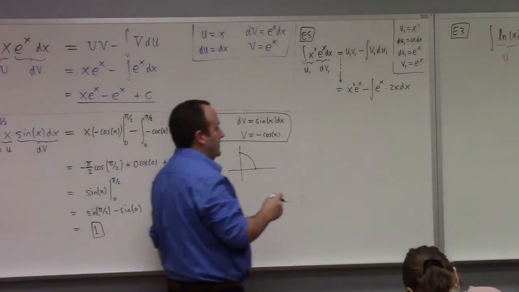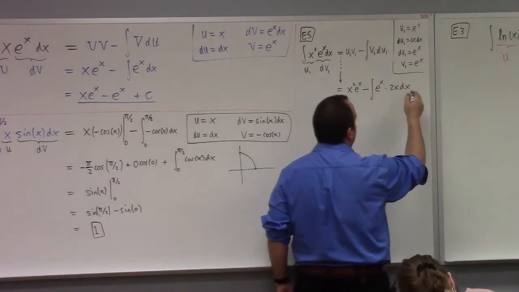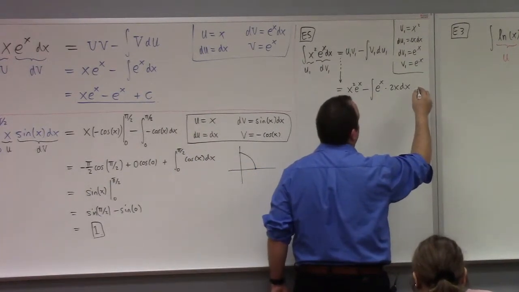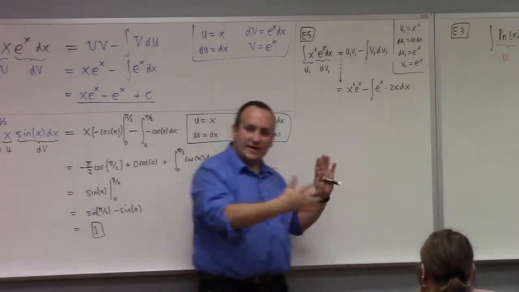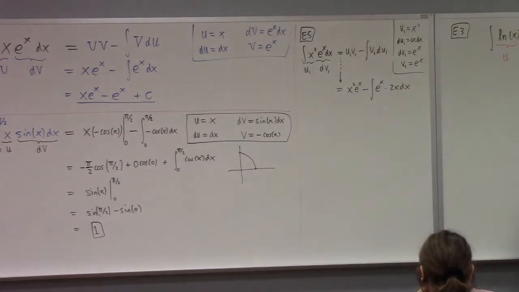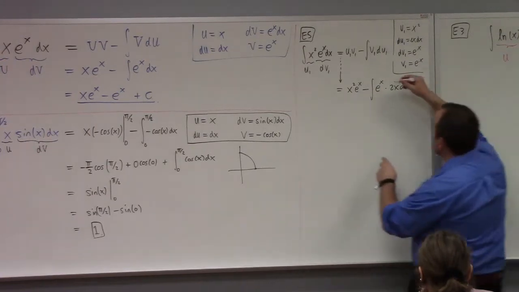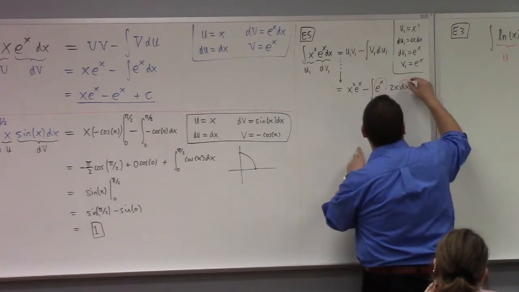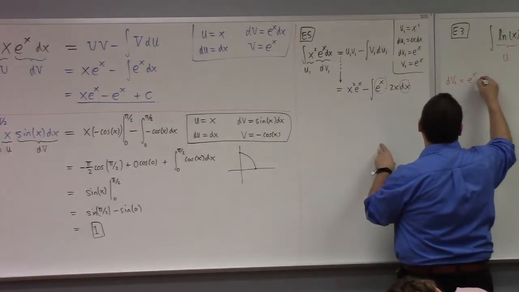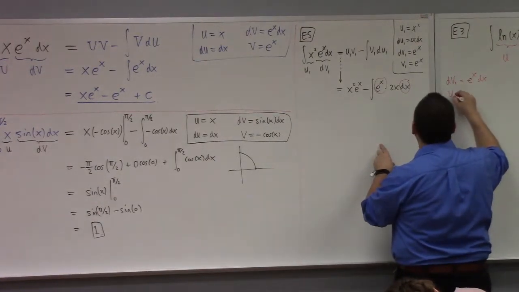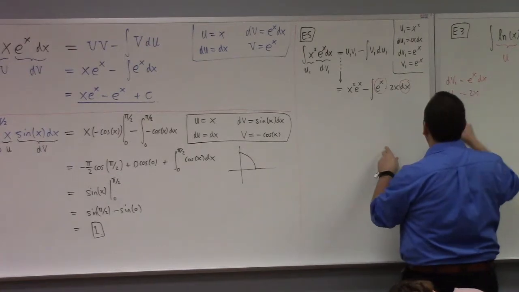Now, this time, let me use some color coding here so you can see what I'm doing. I'm going to make the e to the x and dx be my dv2. This one and that one, I'll say dv2 is e to the x dx. And my u2 will be 2x.